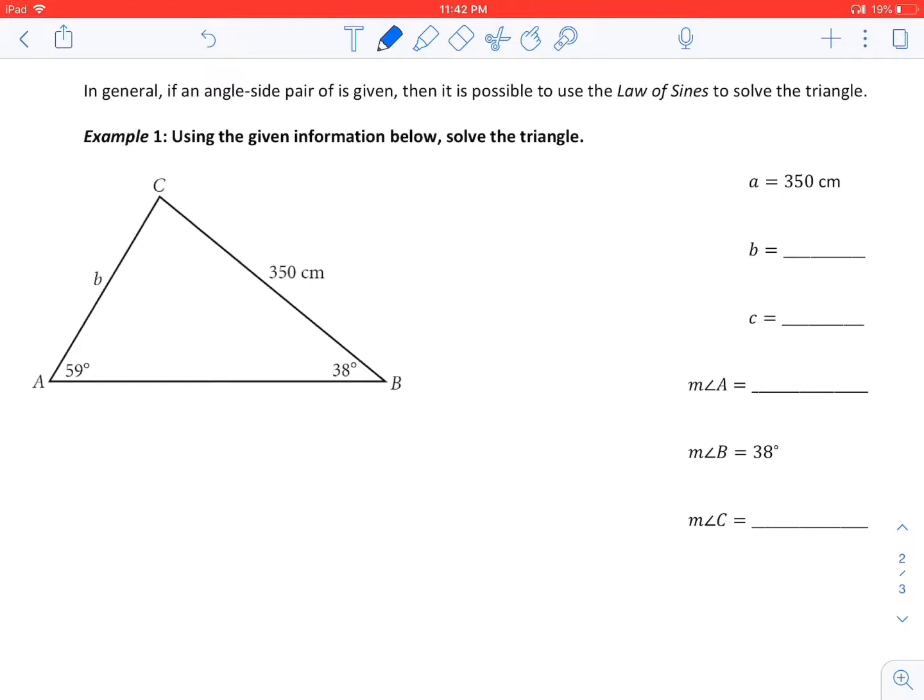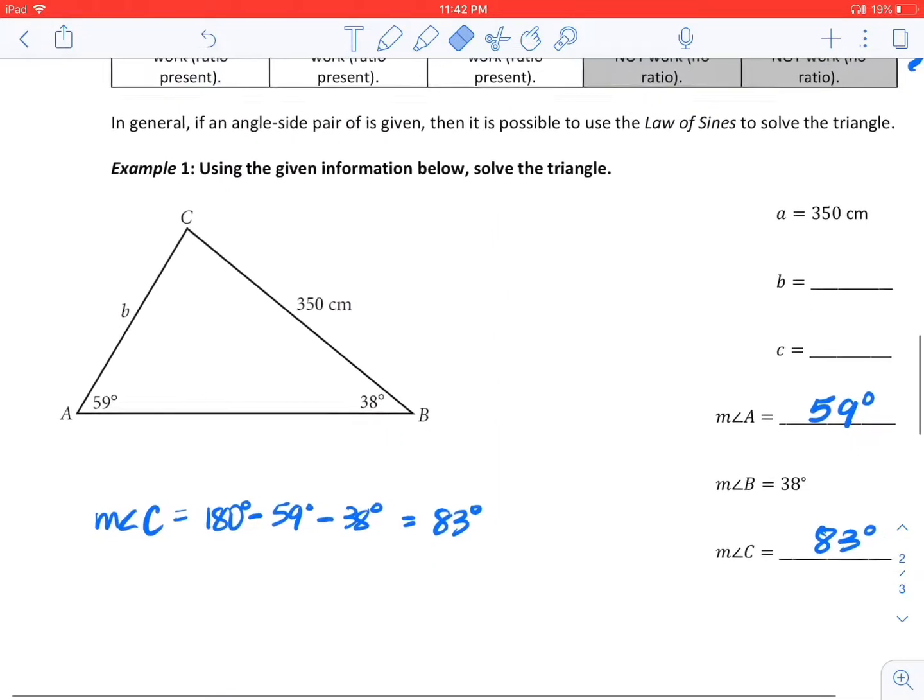So if the measure of angle A is 59 degrees and the measure of angle B is 38 degrees, then the measure of angle C is equal to 180 minus 59 minus 38. If I pull out my handy dandy calculator, 180 minus 59 minus 38, I get 83 degrees. So the measure of angle C is 83 degrees.